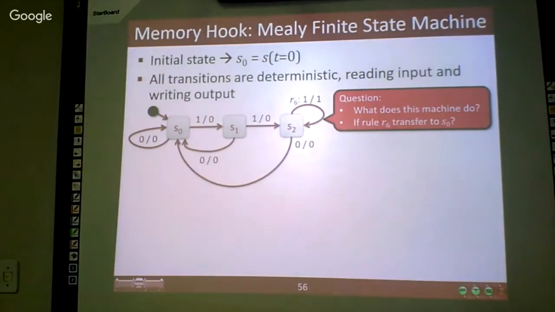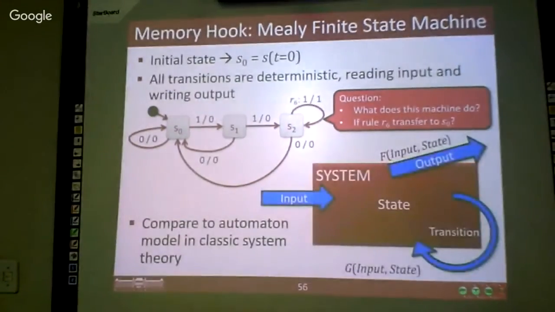So to be able to model this kind of system, we need some extensions. In classical system theory, we have the system, we have some inputs, transitions, and outputs. The outputs are a function of the input and the state of the system.